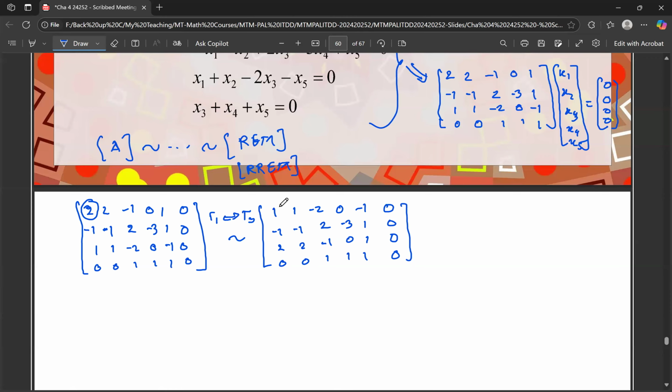After we get the leading one here, any other elements in this column should be zero. So we want to make -1 zero and 2 zero, but the operation is only by using row operations.